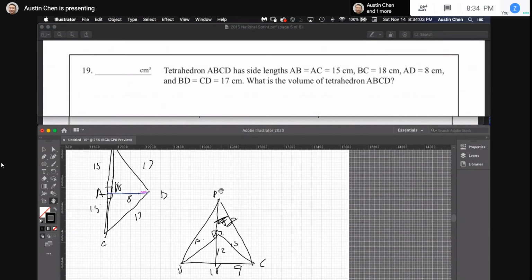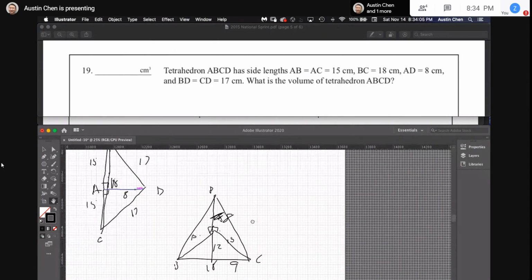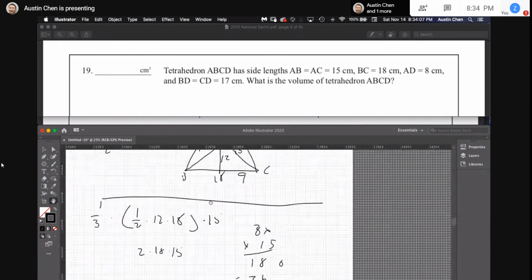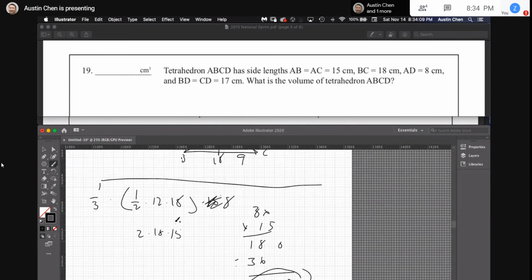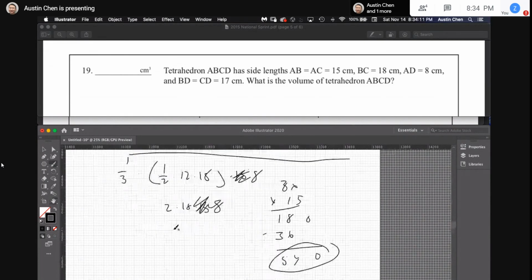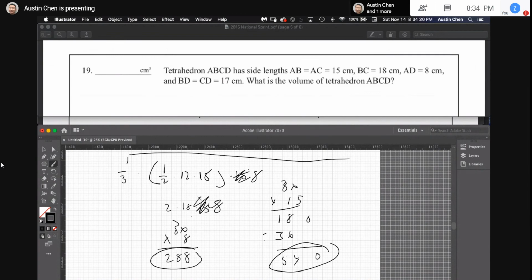I thought this was B. So this is not 15. This should be 8. Alright, then it's 36 times 8. Then it's just 48 plus 24. Yay, then we got 288.